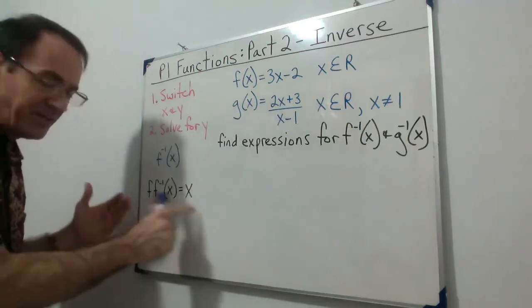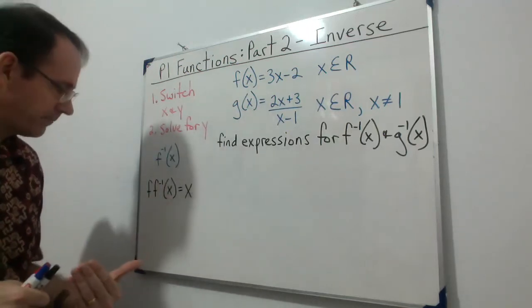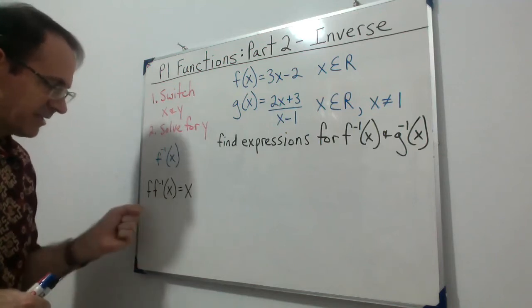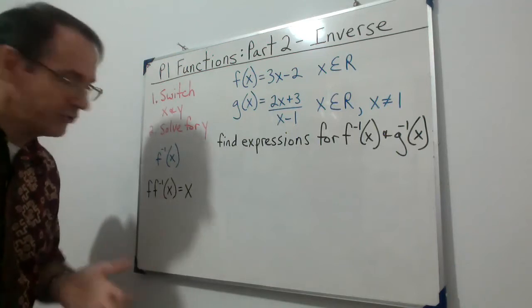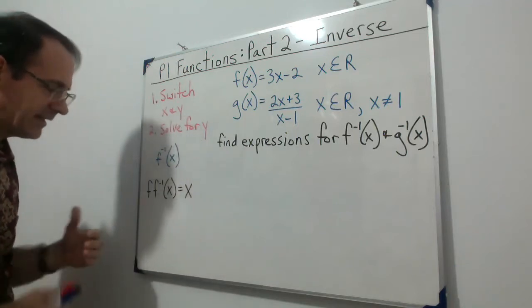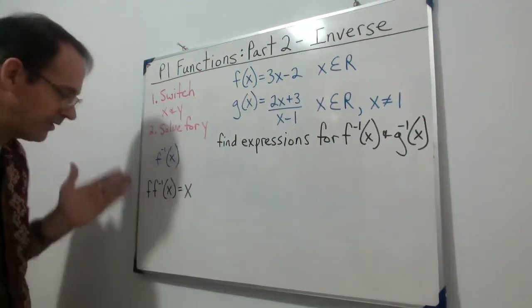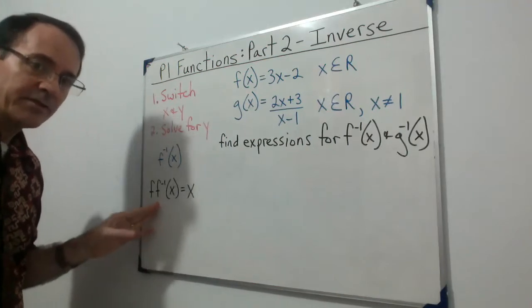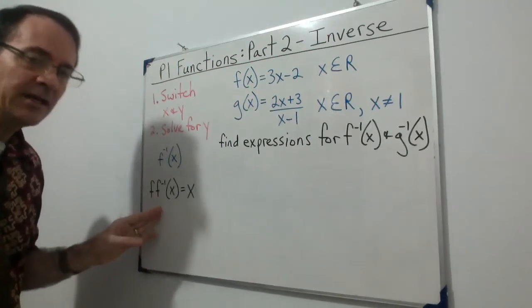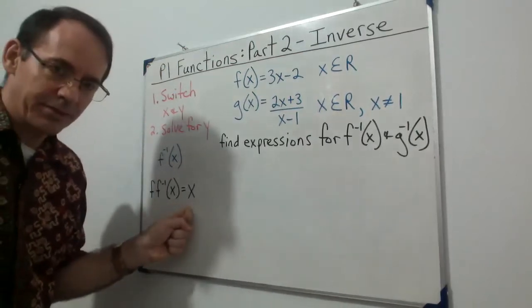So a test that you could do, you don't actually have to do it, it's not something that you need to do to double check it, but if you wanted to, you could, and that is a function of its inverse, or even if you put the inverse function first and then the regular function, the function and its inverse cancel out, and you're just going to end up with x.